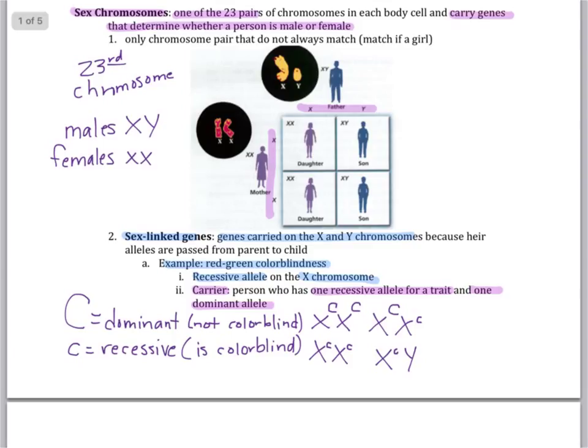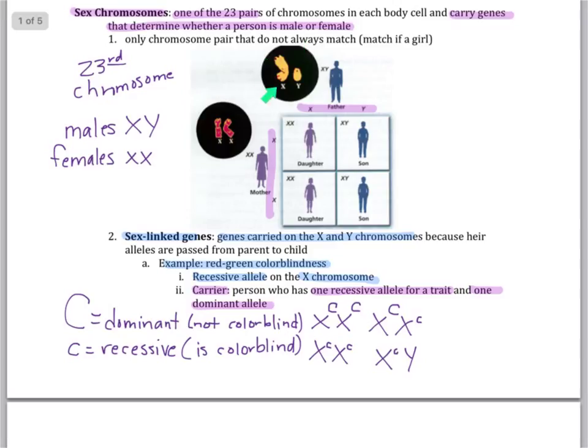Within the set of 23 pairs of chromosomes, there is one chromosome that is known as the sex chromosome. This is one of the 23 pairs of chromosomes in each of your body cells, and it carries the genes that determine whether or not a person is male or female. It is the only chromosome pair that does not always match, but does match if you are a girl.